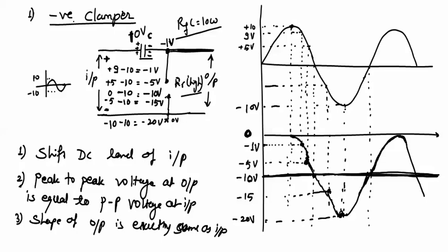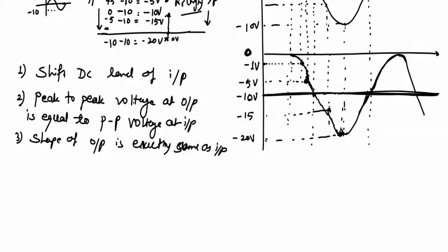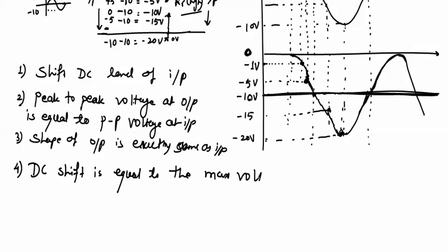And the next conclusion, and the most important conclusion, is DC shift is equal to the maximum voltage by which a capacitor charges.